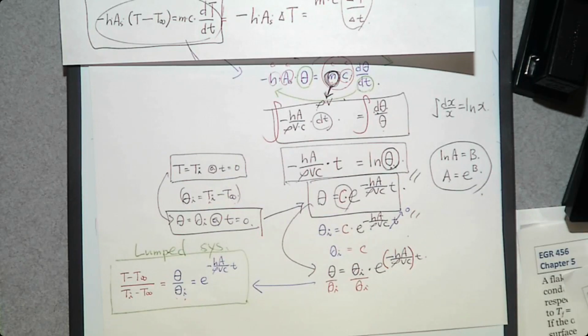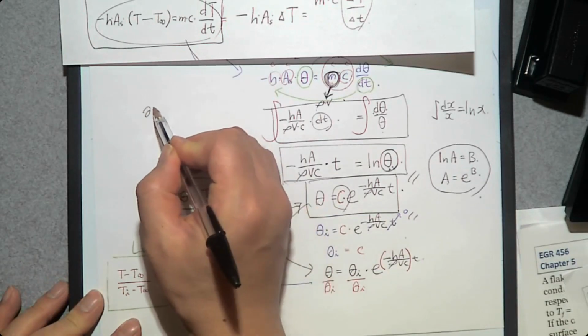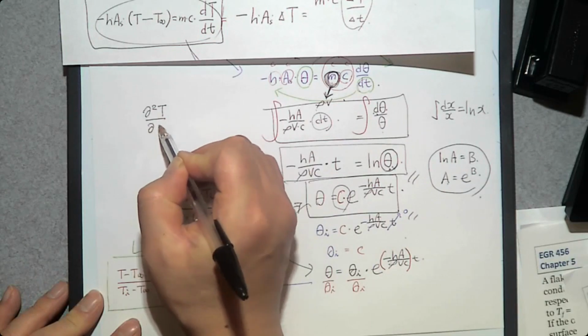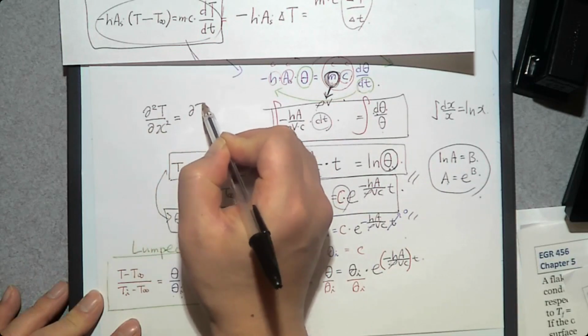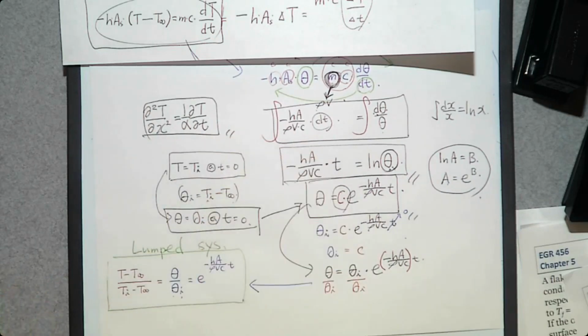So whenever you have a transient heat conduction problem, the governing differential equation looks extremely complicated, and solving it looks like a lot of headache, right? But if you can assume that your system is a lumped system, the solution to this complicated second order partial differential equation is going to be this simple.